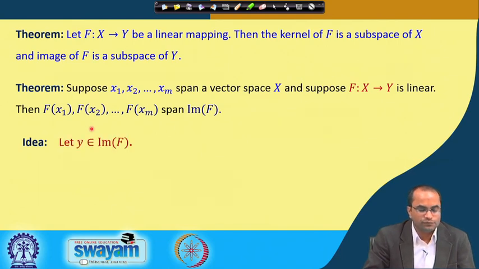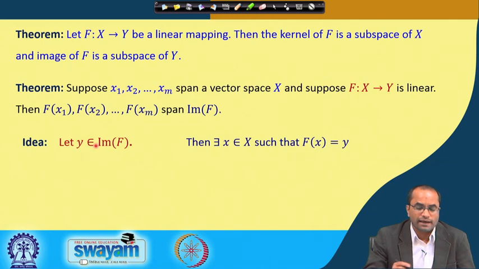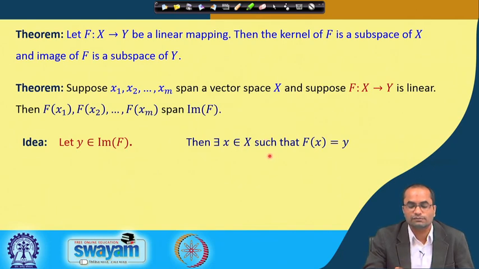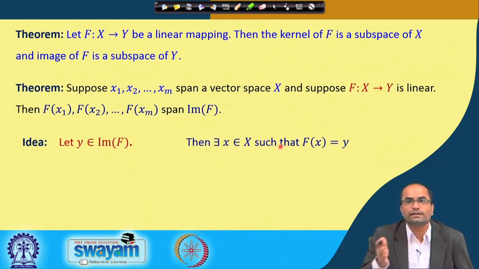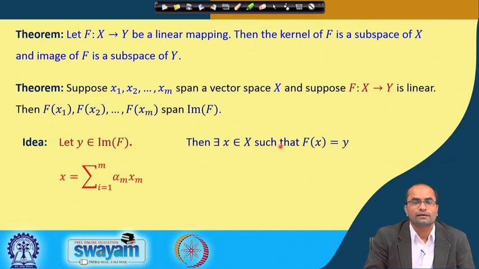And the idea of the proof is very simple. If we take a point y in the image of F, then there must exist an x in the vector space X such that f x is equal to y.